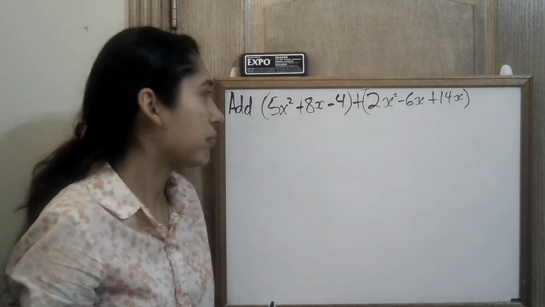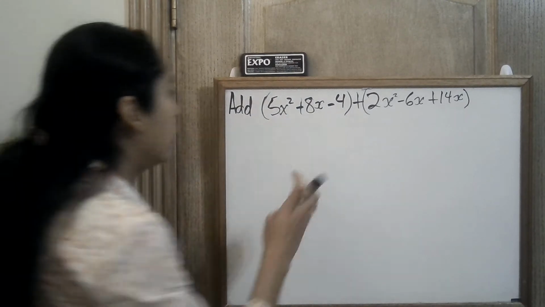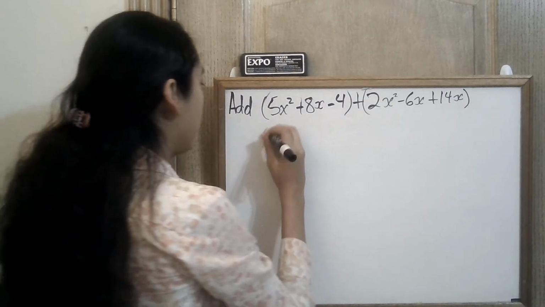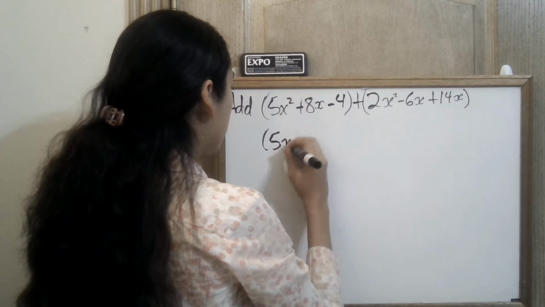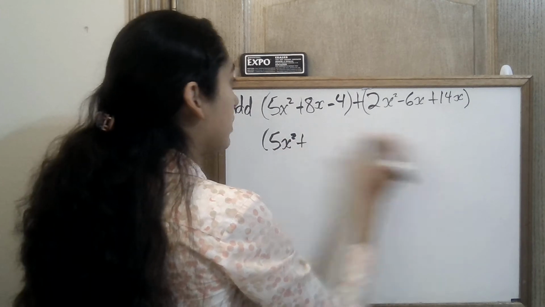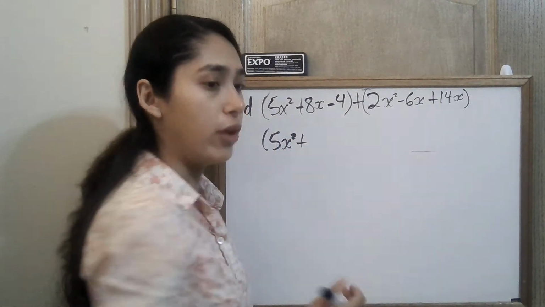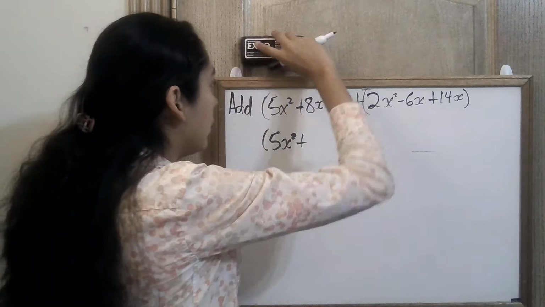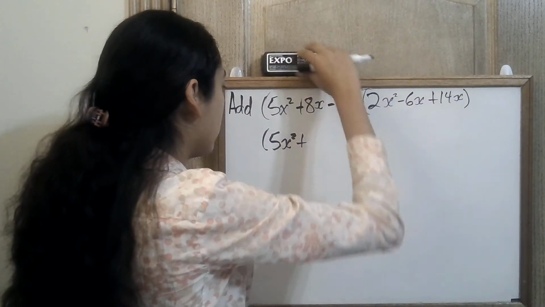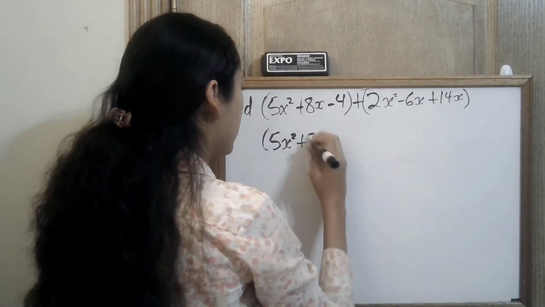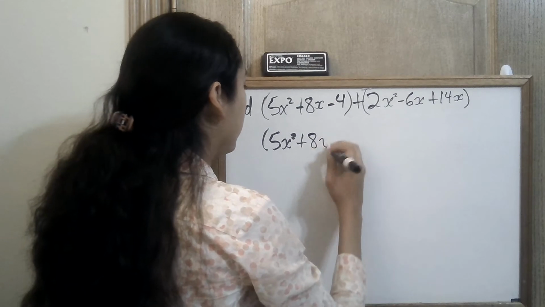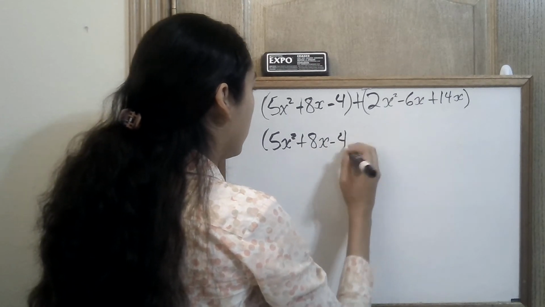So just to make it simple, let's do this. Let's simplify within the parentheses, following PEMDAS. And let's not get ahead of ourselves. So we're just going to drop down the first polynomial on its own.